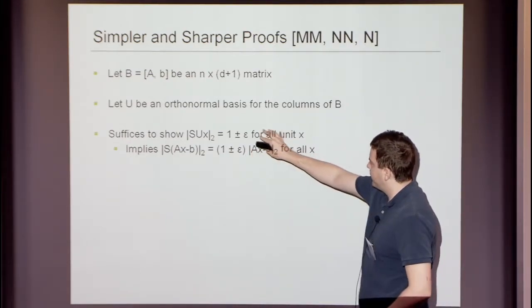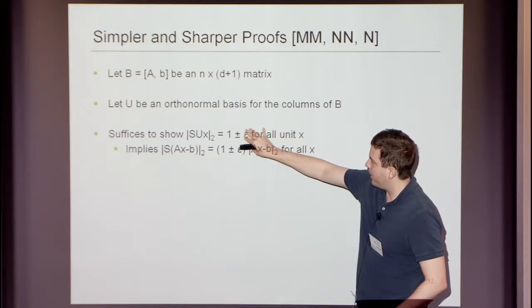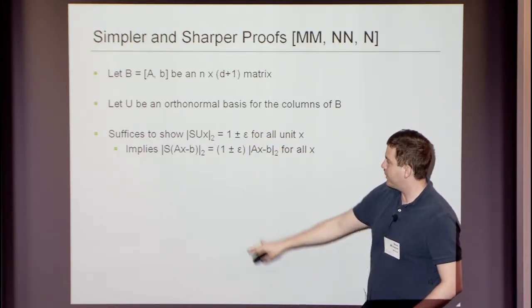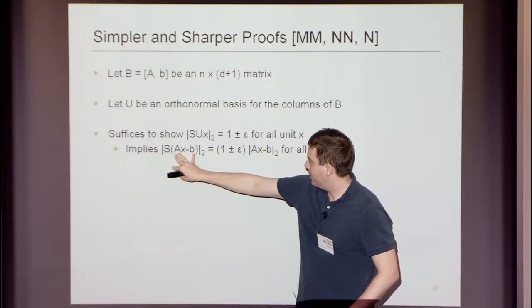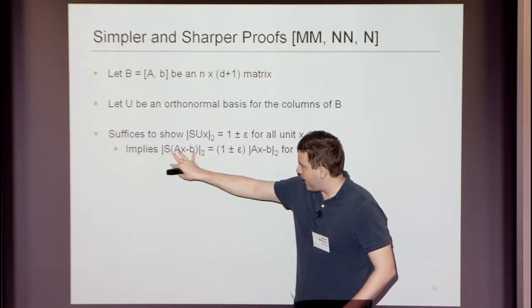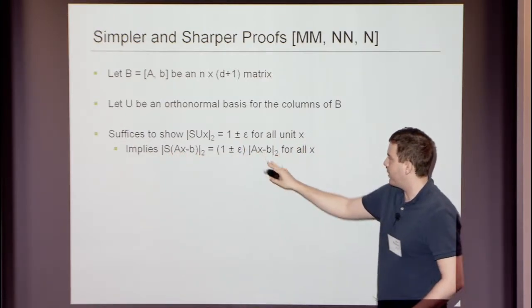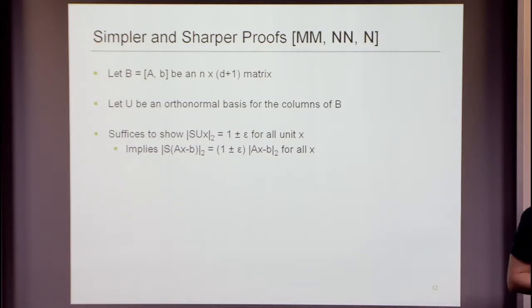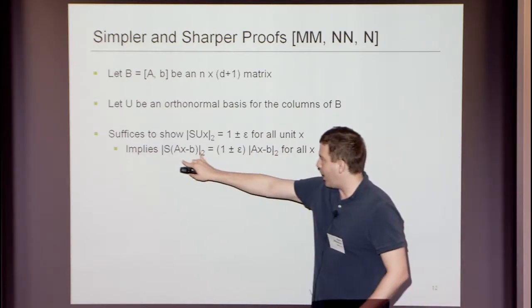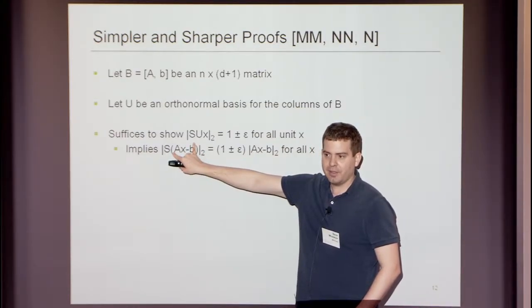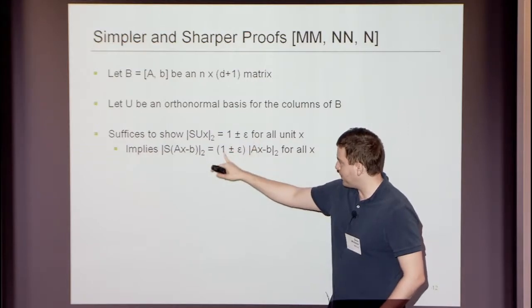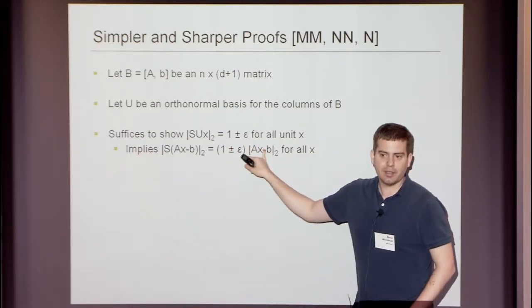So if I preserve all the norms of vectors in the column span of U, then for any x, the Euclidean norm of S times (Ax minus b) is 1 plus or minus epsilon the Euclidean norm of Ax minus b. Does that make sense? Okay, so what that means is now I can do this sketch and solve thing, right? Because if I solve for the optimal x in this sketch space, it has to be a 1 plus epsilon approximation to the original problem.